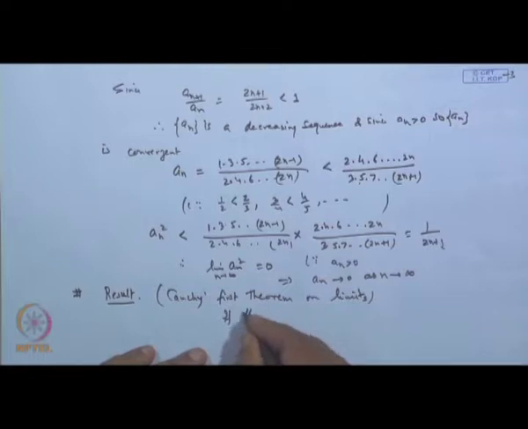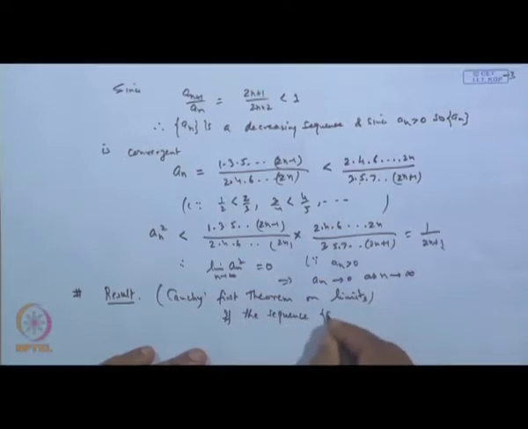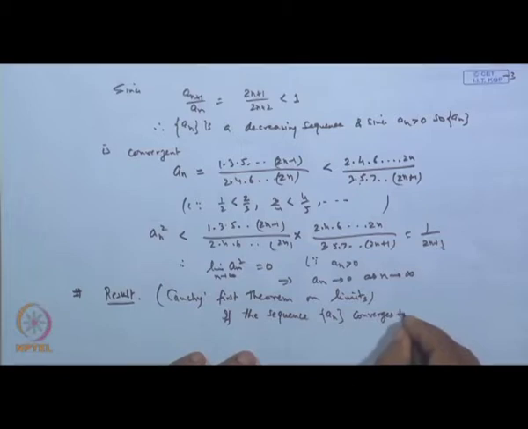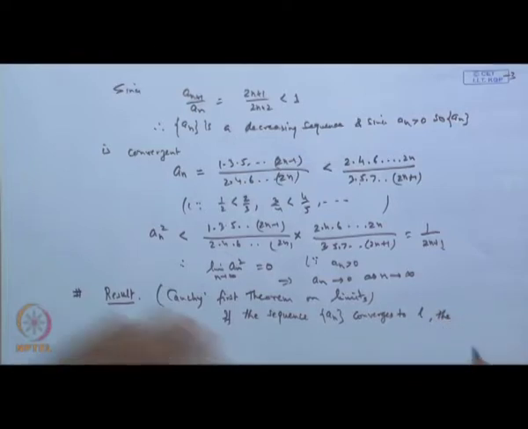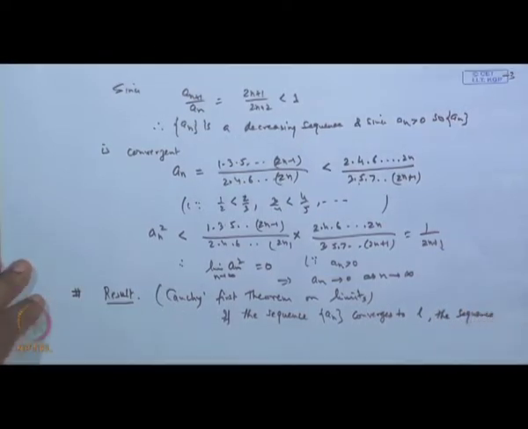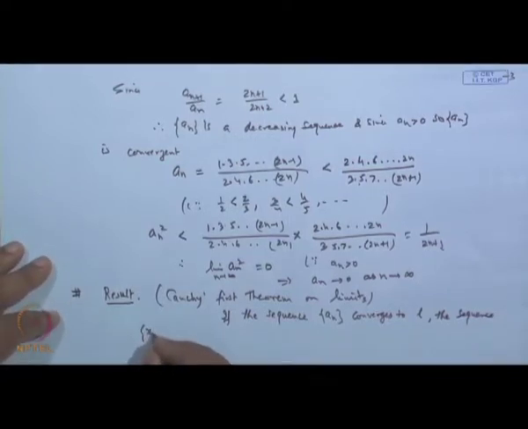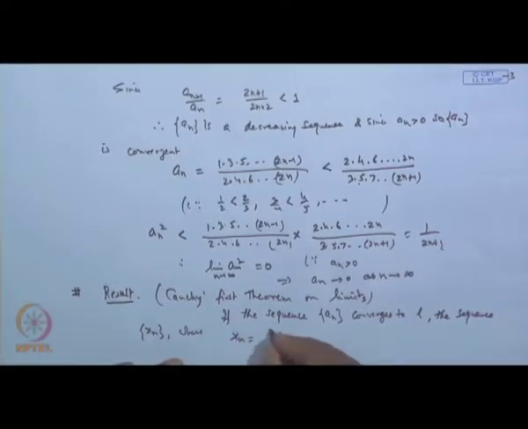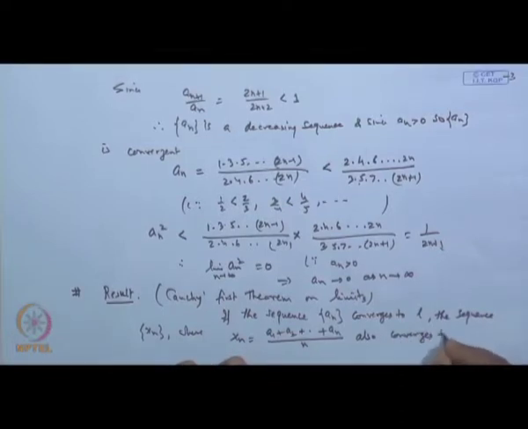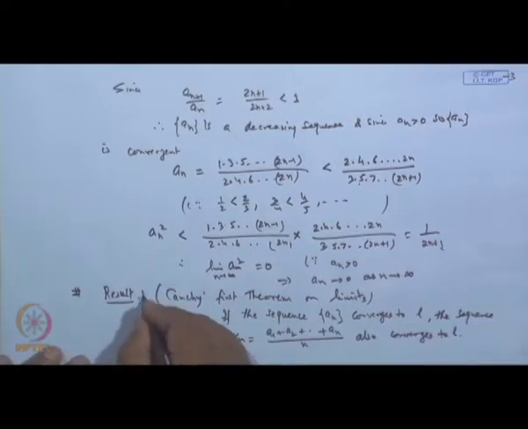the sequence a n converges to L, then the sequence x n, where x n is (a 1 plus a 2 plus ... plus a n) divided by n, also converges to L. Let us call this result 1.